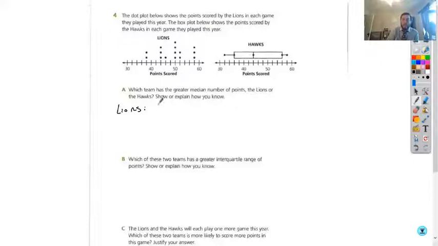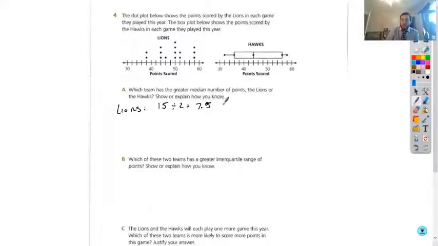So if I find the total number of pieces of data to be 15, if I want to find the middle number, what I can do is divide this by 2 and find that I get 7.5. What that means is that 7.5 would be right in the middle of 15.